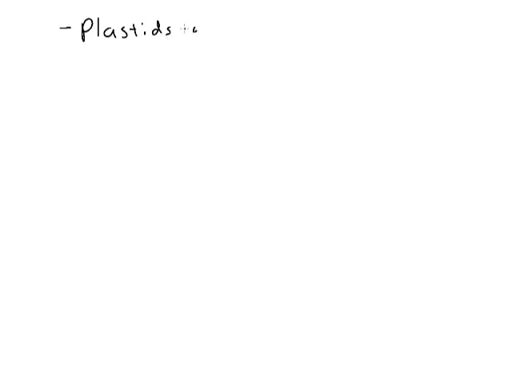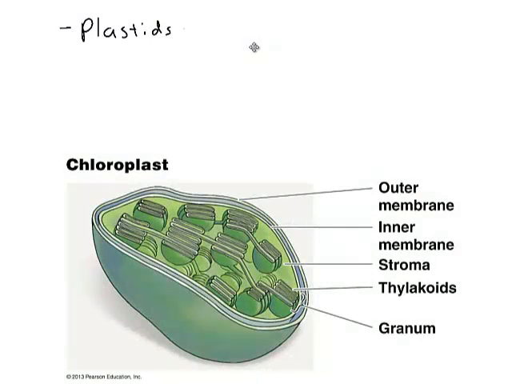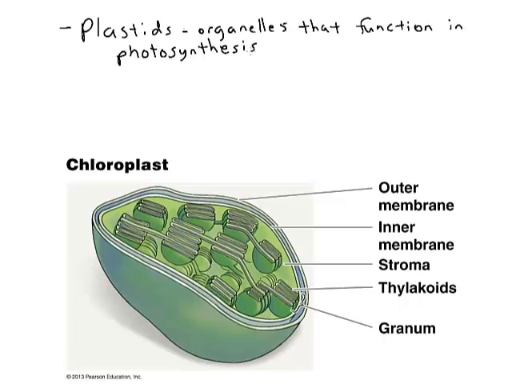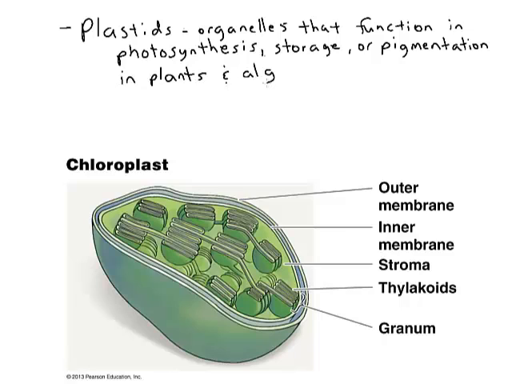Plastids are double-membraned organelles that function in photosynthesis, storage, or pigmentation in plant and algae cells. Photosynthetic cells of plants and many protists contain chloroplasts, which are plastids that are specialized for photosynthesis.